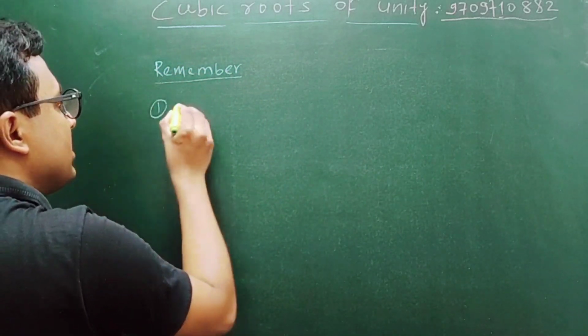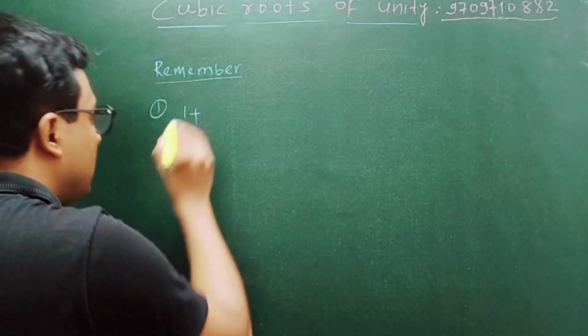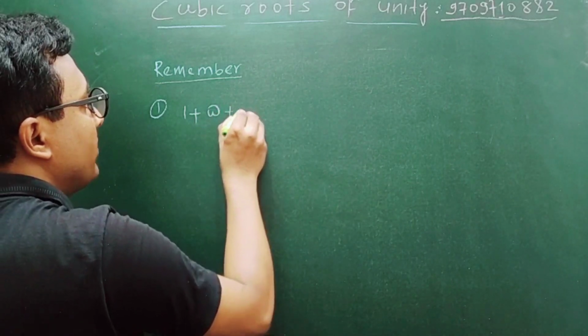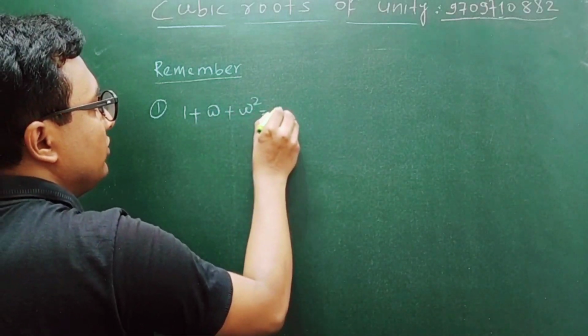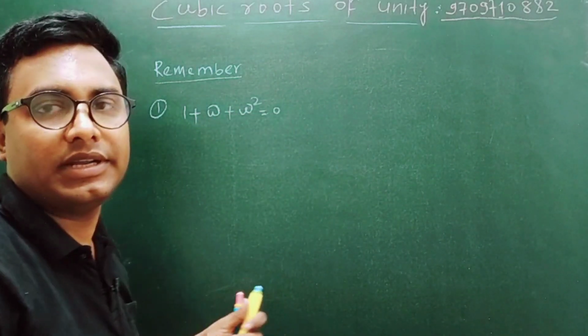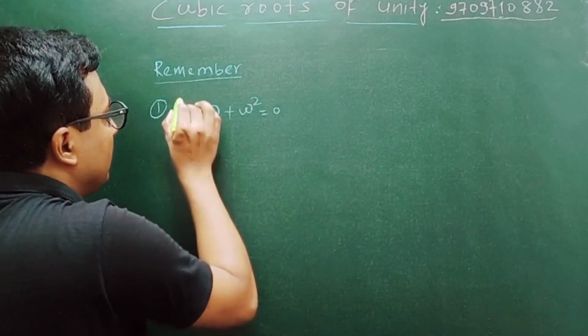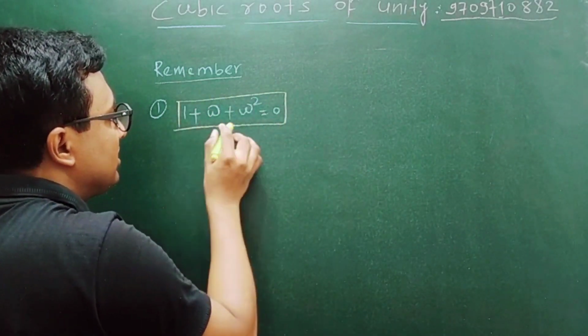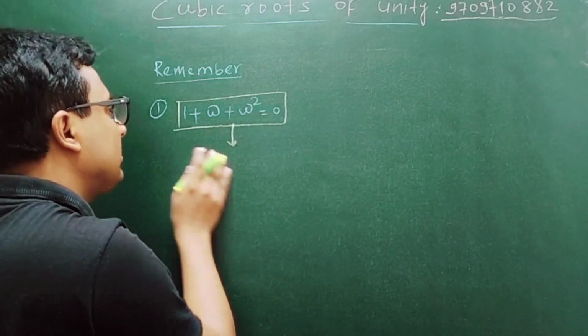So see here, first property is 1 plus omega plus omega square is equal to 0. This is the main property here, and we find more results from this property.